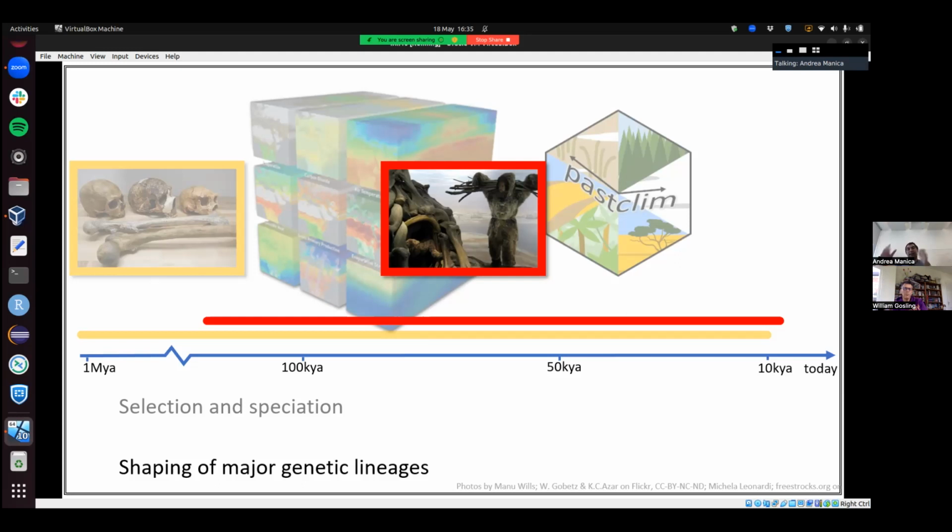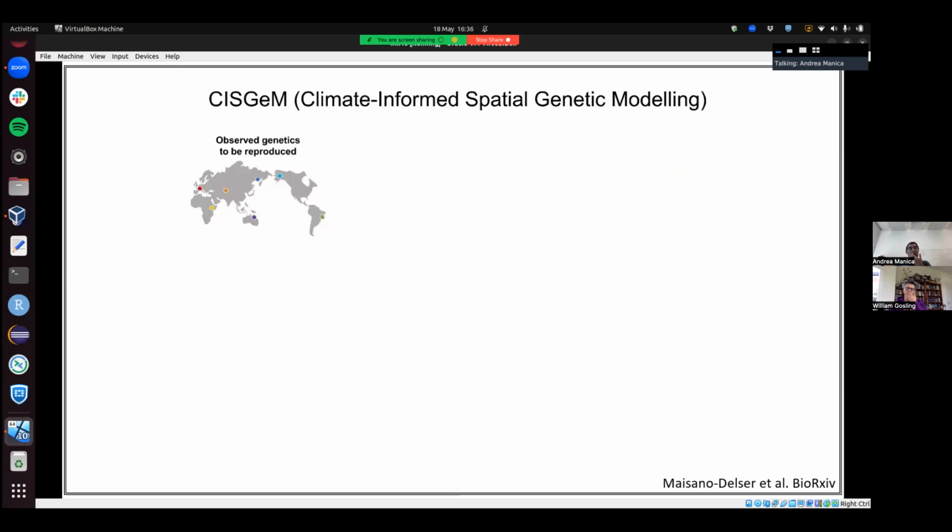How do you get these separations within the species that then eventually, once movement becomes much greater and food production arrives, mix? And again, it's easy to make just-so stories, but what we attempted to do was to bring climate into an explicit way to inform the reconstructions that we do for the genetics.